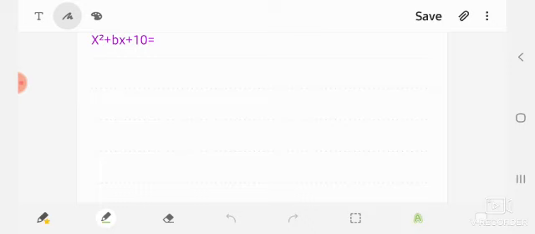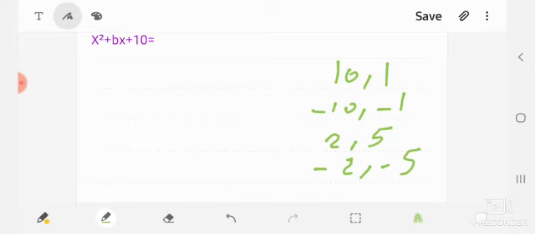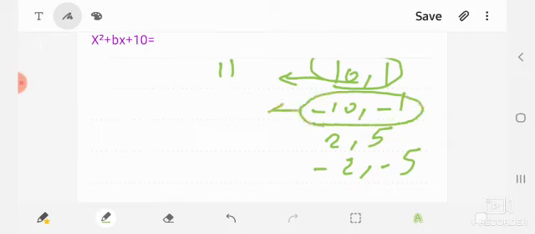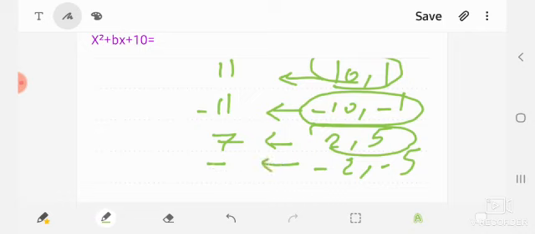Let us write the numbers whose product is 10: 10 and 1, or negative 10 and negative 1, 2 and 5, or negative 2 and negative 5. b is the sum of each pair. 10 and 1 give us 11, so b is 11, or minus 11, or 7, or minus 7.